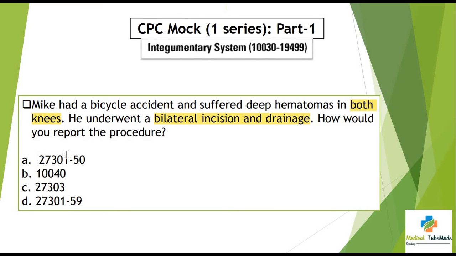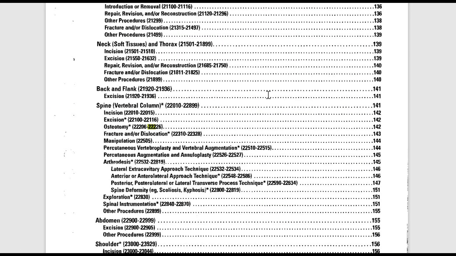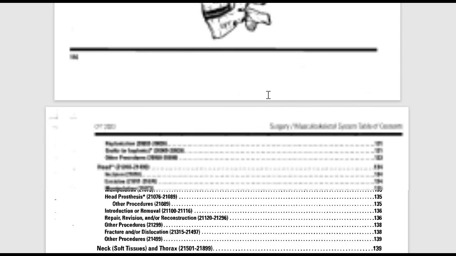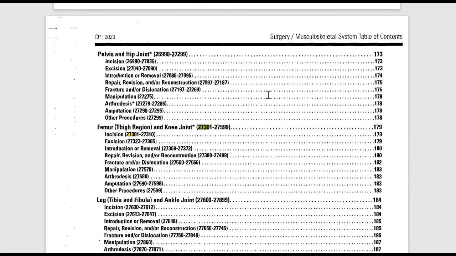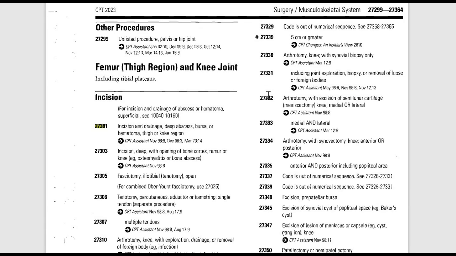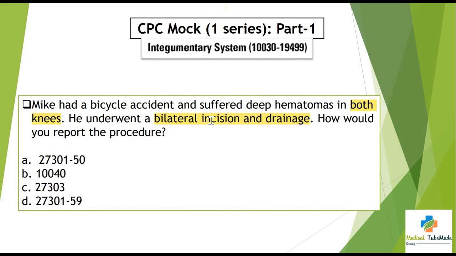So we will check the CPT description. 27301 is incision and drainage, deep abscess, bursa and/or hematoma, thigh or knee region. So knee region, and here the hematoma is in the knee. So the code is also correct, but still we will check the other codes also.